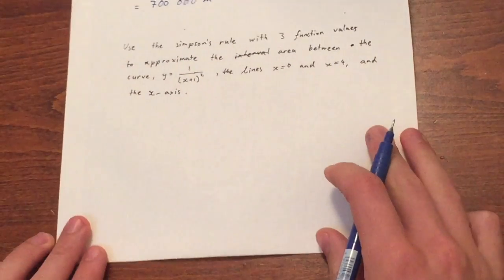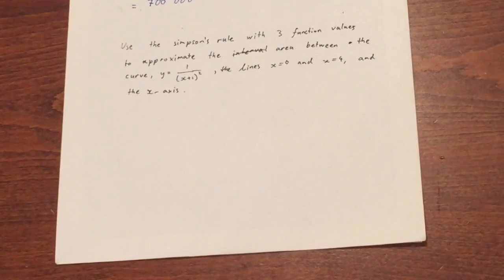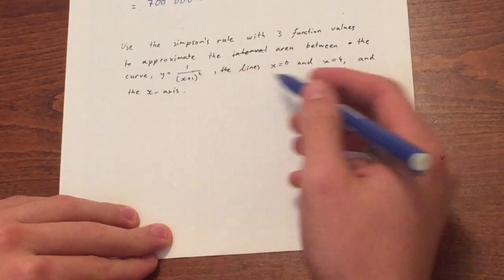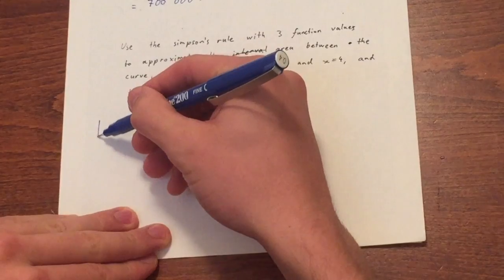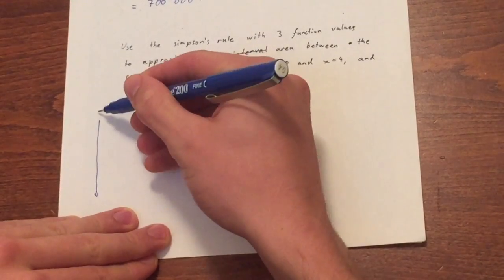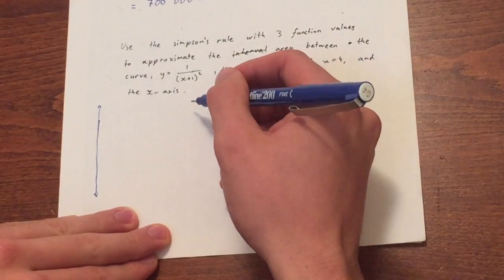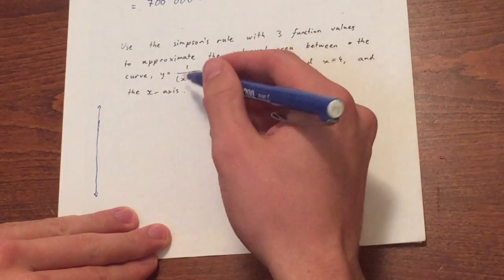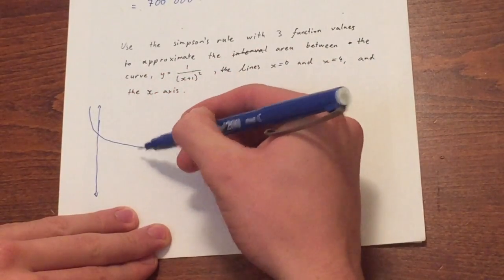Straight into the second example. This one is a bit more difficult because we need to create a table of values to find our function values. So the area between the curve and the lines x equals 0 and x equals 4. What this actually looks like is some curve going on like this.